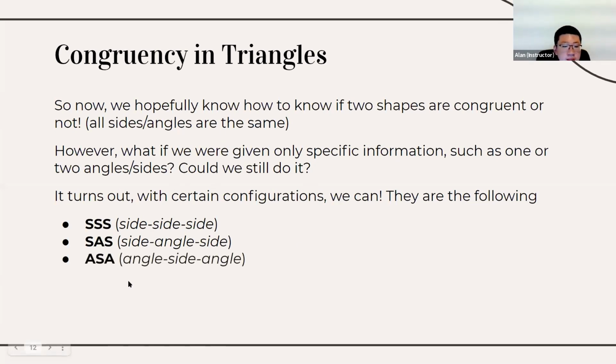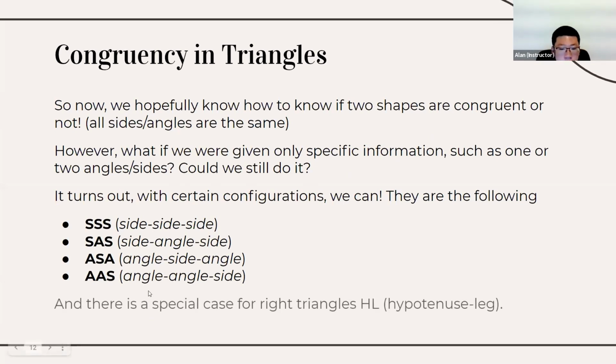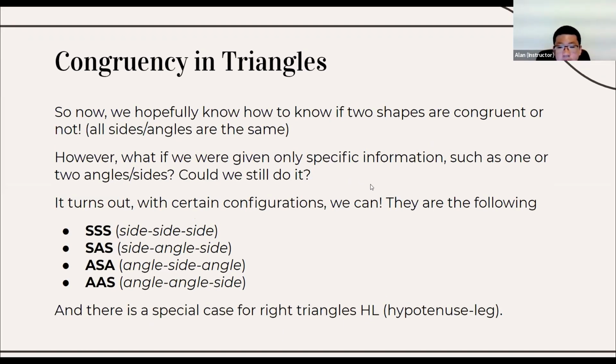There's also ASA, which is angle, side, angle, and so the side has to be shared between the two angles. And finally, AAS, where the side is only part of one angle. And there's also a special case for right triangles. It's HL, also called the hypotenuse-leg theorem. We're going to go over these more in depth on the next slide.